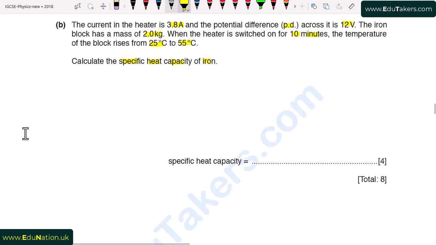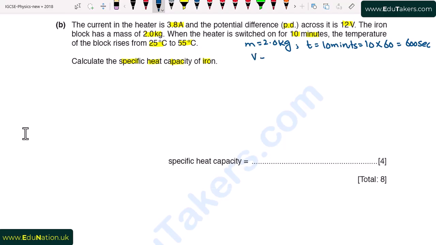So first of all, I write here mass is 2.0 kg, time is 10 minutes, and I convert these minutes into seconds by multiplying by 60. It will be 600 seconds.